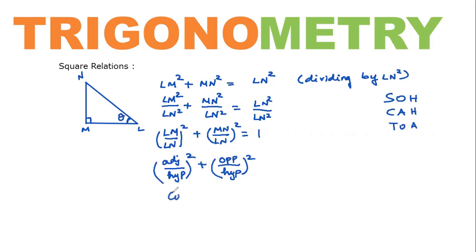Cos theta whole squared becomes cos squared theta, plus opposite upon hypotenuse is sine theta, so it becomes sine squared theta, which is equal to 1. So the square relation of cos and sine is 1. The addition of cos square theta plus sine square theta gives you 1. Similarly, we can prove other relations as well.